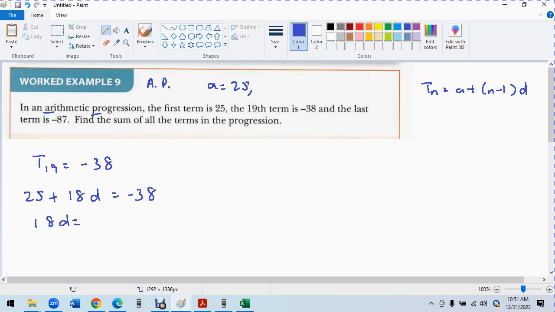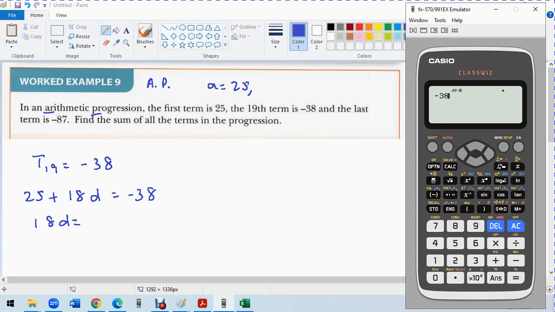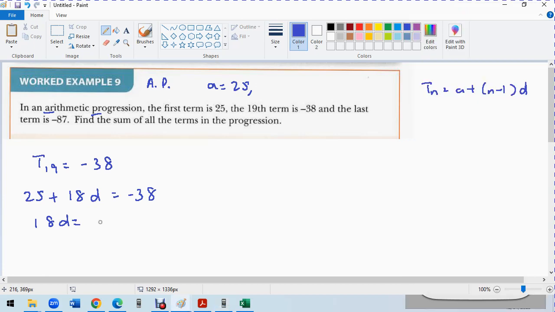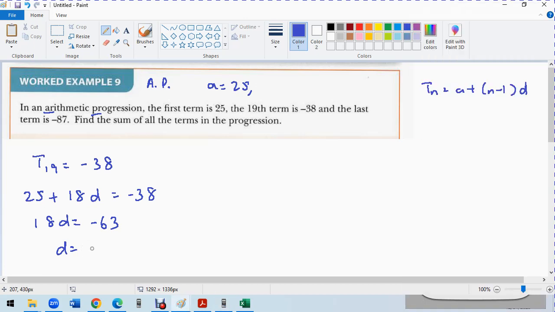So 18d equals negative 38 minus 25, which is negative 63. So d is negative 63 divided by 18, which is negative 7 over 2, negative 3.5.